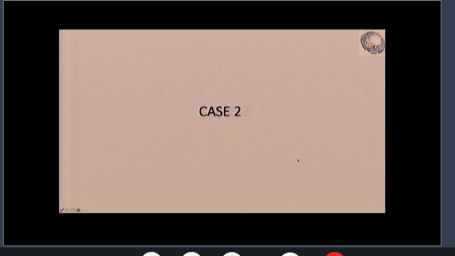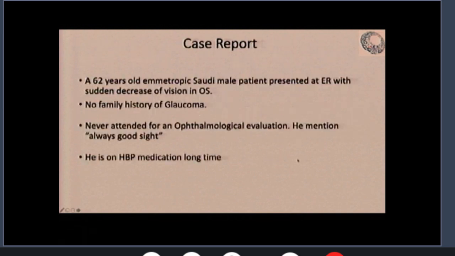Okay. Case number 2. 62 years old, emmetropic Saudi male. It's not the same, eh? Patient presents at ER with sudden decrease of vision in the left eye, no family history of glaucoma, and he never attended an ophthalmological evaluation.